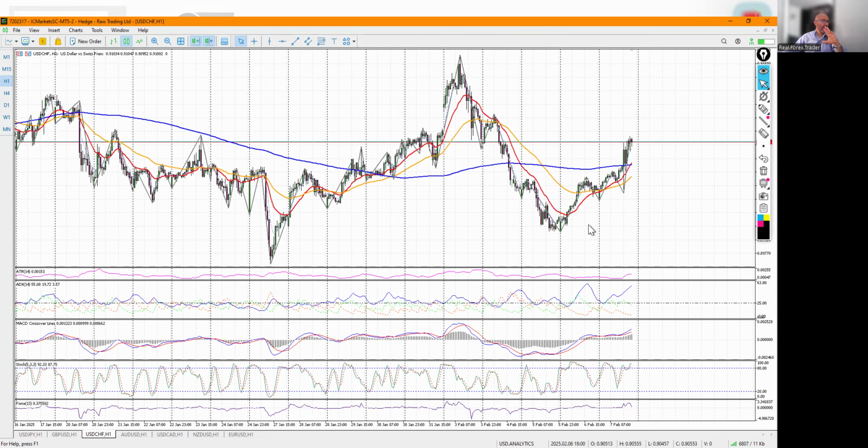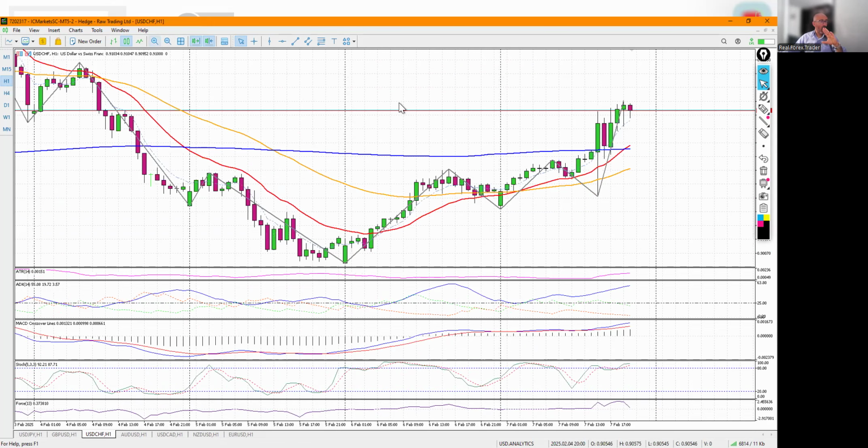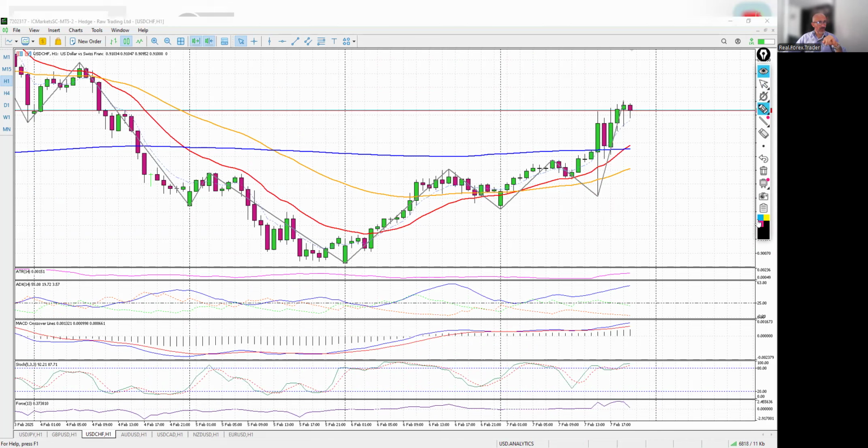For example here, you want to know if this level here is a Fibonacci level, right? So I trace my Fibo from here to here. This is my point A to my point B. All right, so let's trace it.